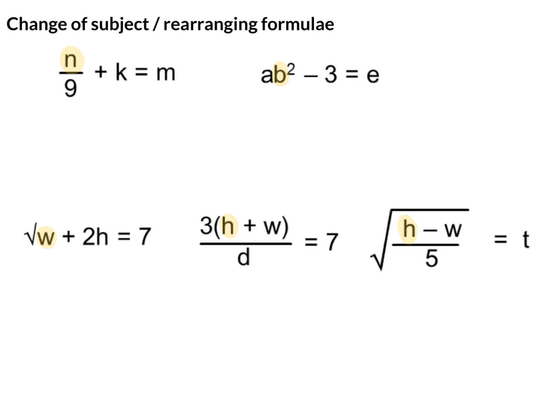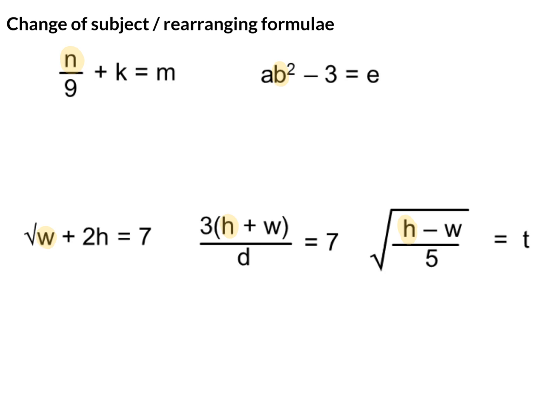And essentially what we do is we do exactly the same steps as if we were solving an equation. Because we've got an equal symbol here, we can essentially do whatever we want to one side, so long as we do the same to the other. Here I've got n over 9 plus k. I'm trying to get the n on its own, and n is trapped inside this fraction, so I'm going to need to get rid of this plus k to begin with.